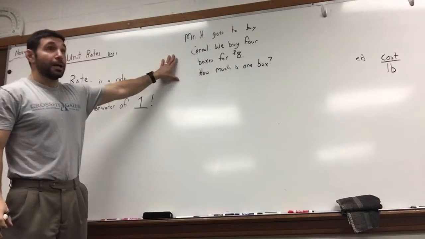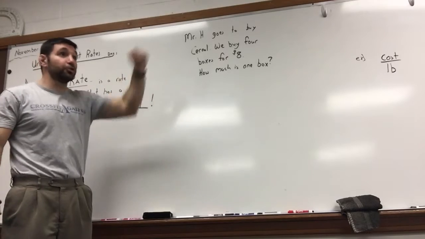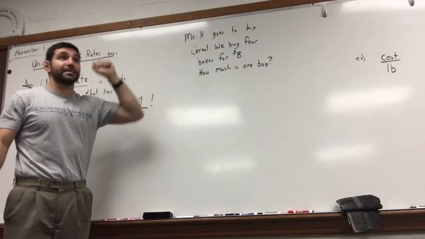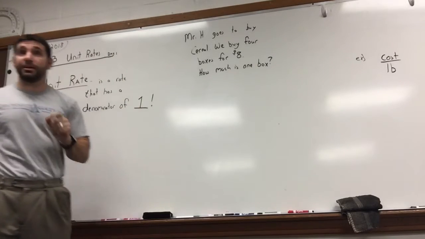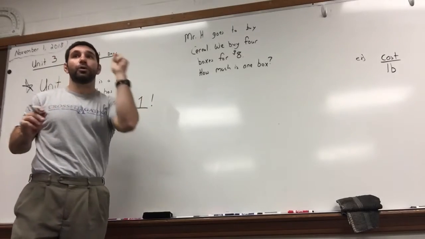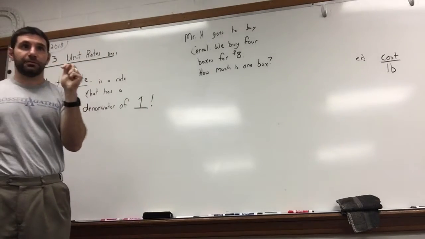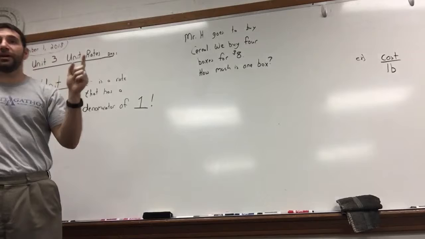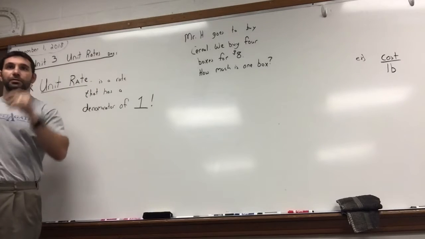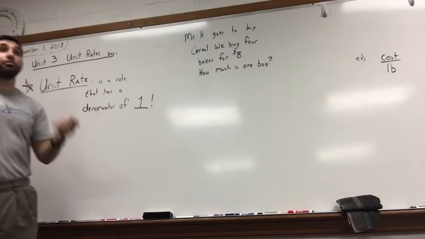Now, I'm showing you the word problem. We'll do just unit rate, but I want you to understand first what this is actually doing, why we would use this. Okay? So, what are we looking for one of? Luke? Cereal box? 1 box.